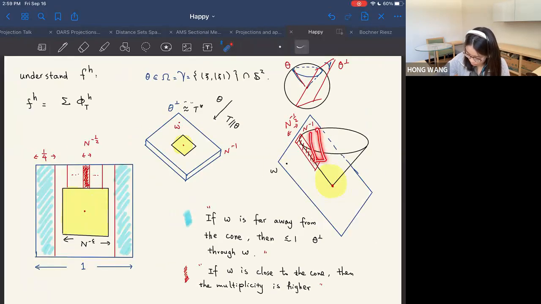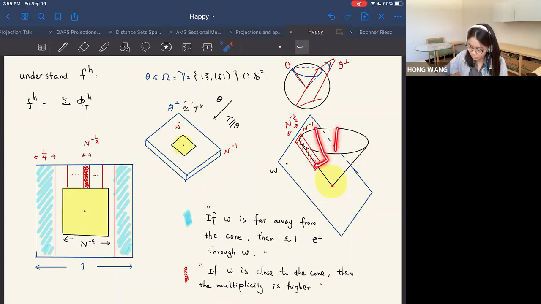So the picture is now for each theta, we identify a red part that has a very high multiplicity, but the advantage is that this high multiplicity lies tangentially to a light cone. So now the difficult part of F, the high frequency of F, has frequency that lies on a small neighborhood of the light cone, and this allows us to use some Fourier restriction theory.